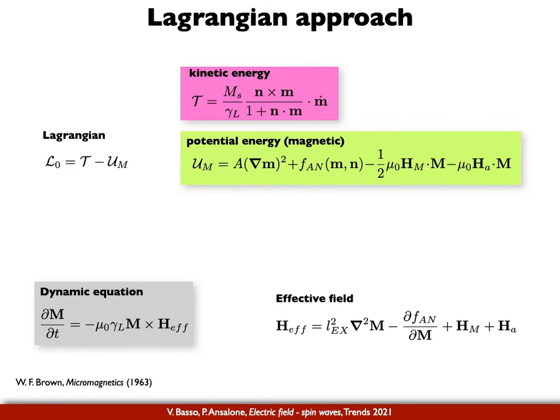So the classical precession of micromagnetism, in which the effective field appears, exactly the same effective field of micromagnetism. This is everything. I mean, everything is clear.